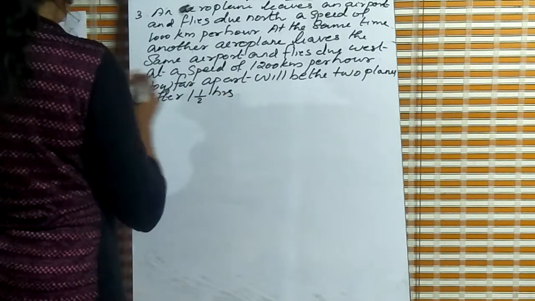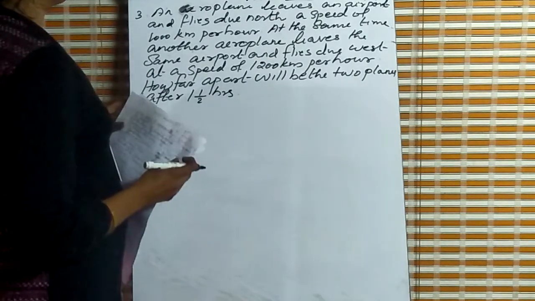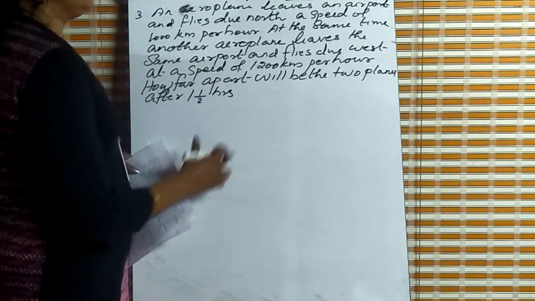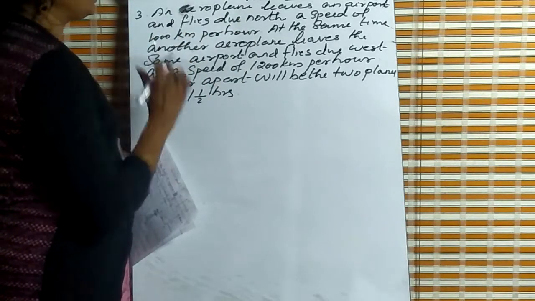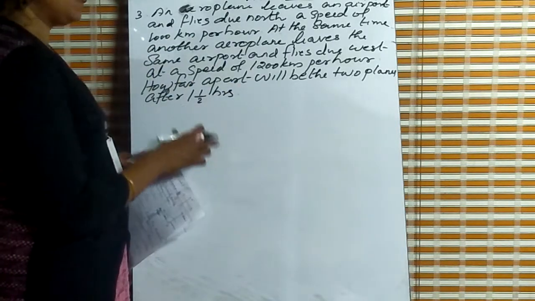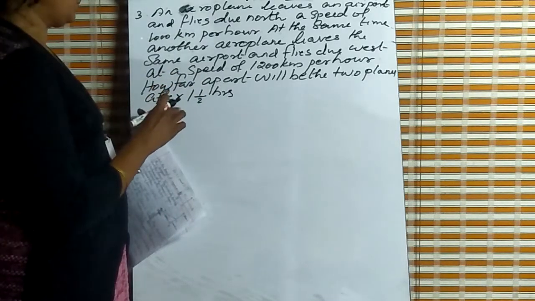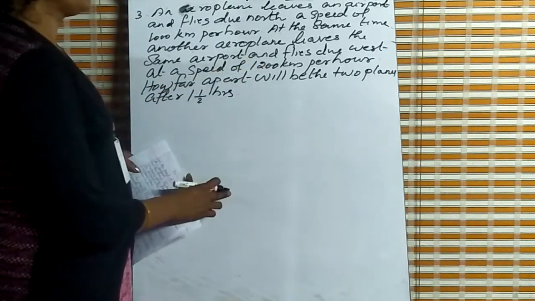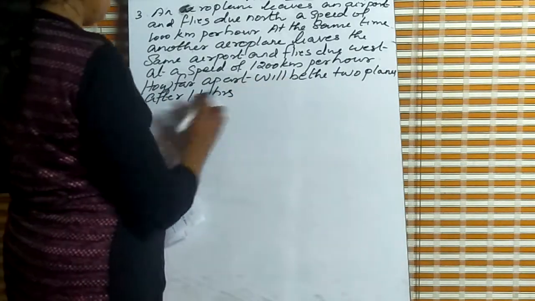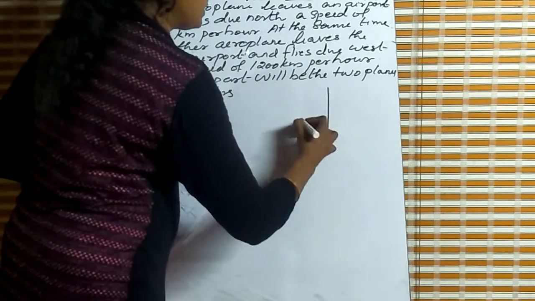An aeroplane leaves an airport and flies due north at a speed of 1000 km per hour. At the same time, another aeroplane leaves the same airport and flies due west at a speed of 1200 km per hour. How far apart will be the two planes after 1.5 hours? Here the direction.